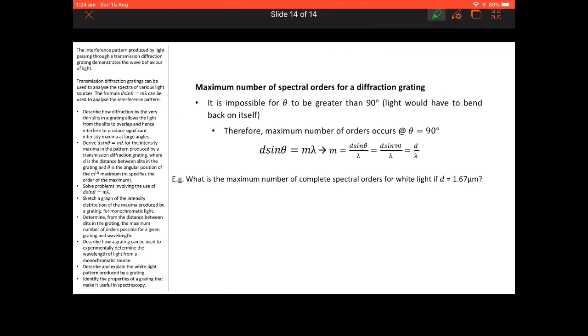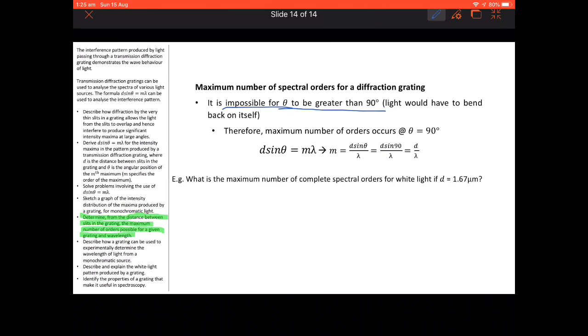And finally, the last thing that we're going to look at is determining, from the distance between slits in the grating, the maximum number of orders possible for a given grating and wavelength. So, for the maximum number of spectral orders from a diffraction grating, we need to remember that it's impossible for theta, the angular position, to be greater than 90, because otherwise light would be bending back on itself.